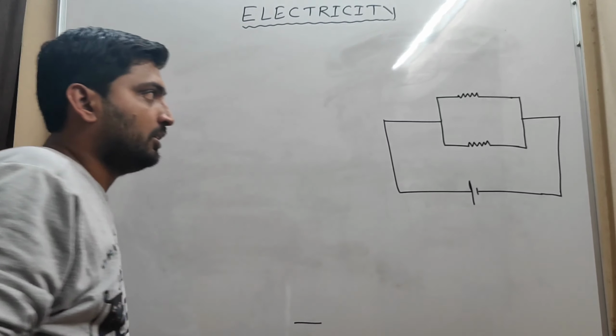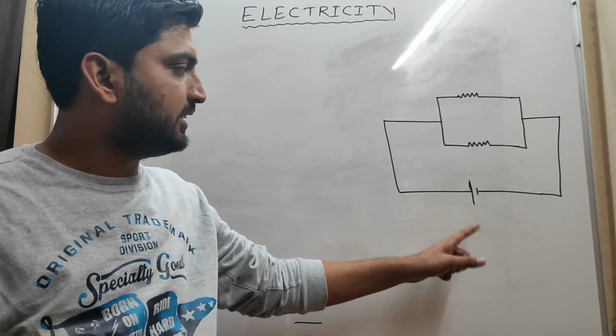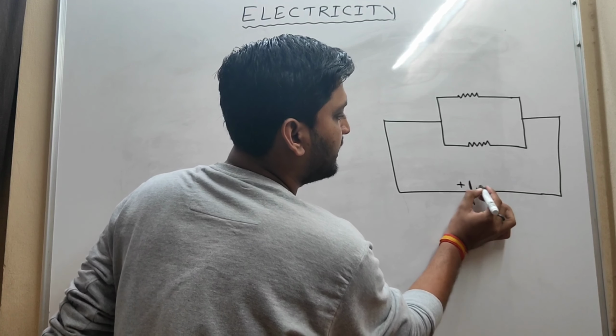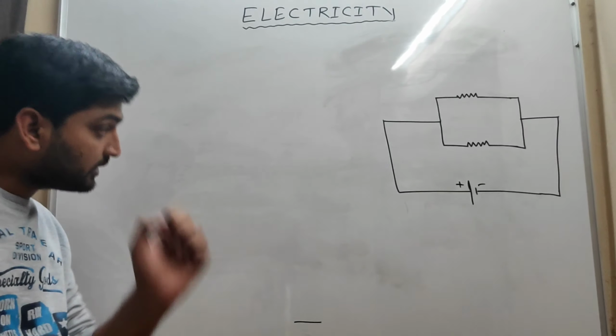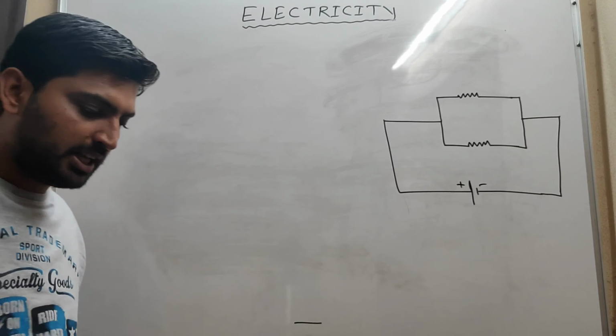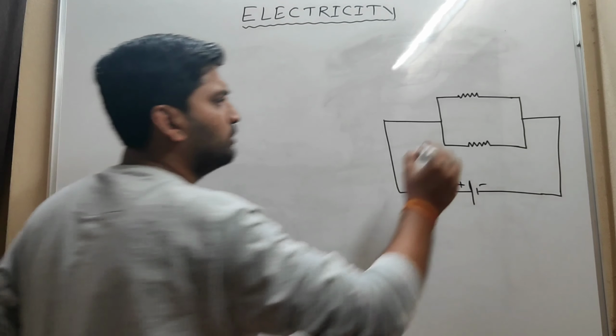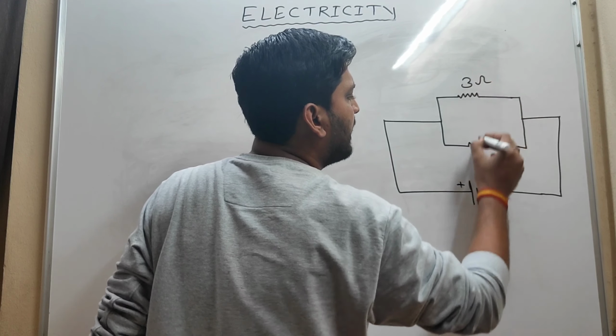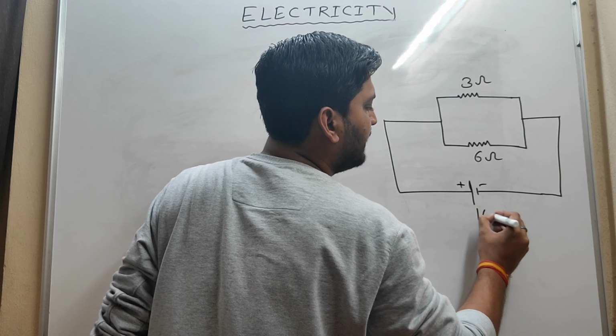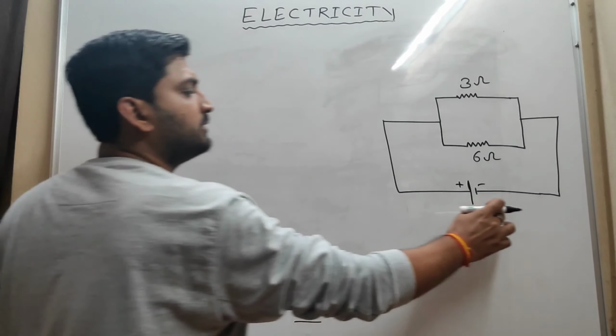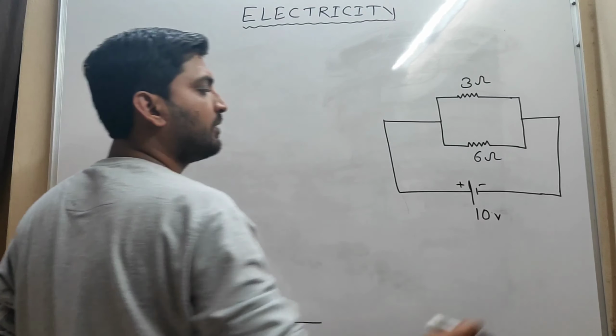Okay, we have two different resistances and one battery, that is positive and negative. Two resistances are, let us suppose, 3 ohm and 6 ohm, and battery be 10 volt, no problem. 3 ohm and 6 ohm and 10 volt of battery.